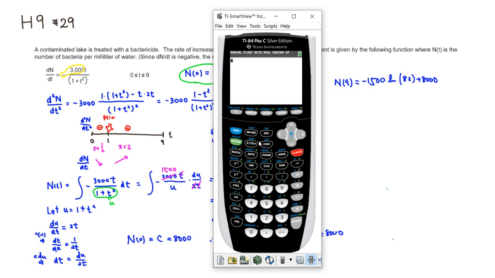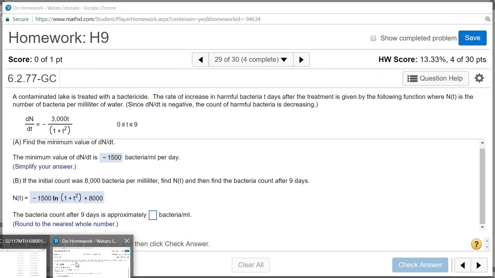So we have negative 1500 times natural log of 82, and plus 8,000. So it came out to be 1380, actually 1390.